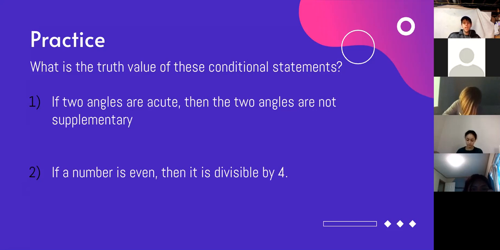And feel free to put it in the chat. If you want to put your answers in the chat for 1 and 2, that's okay too. I'll talk about the answers in a couple minutes.